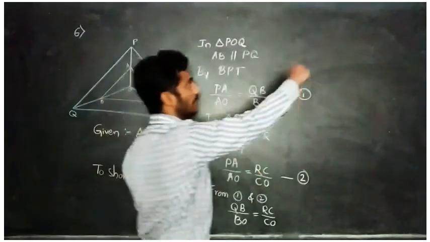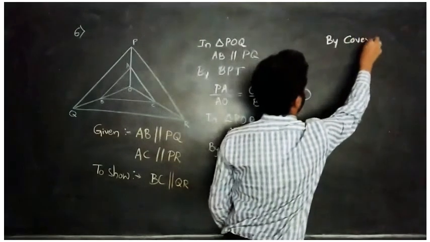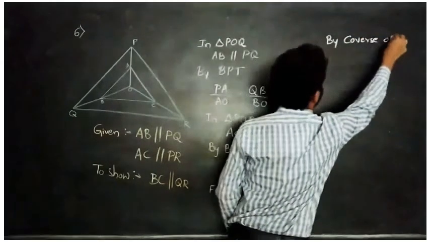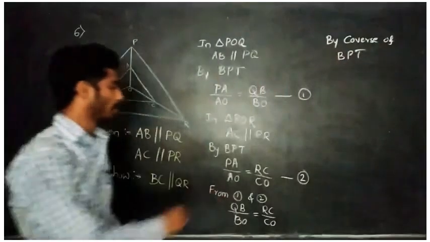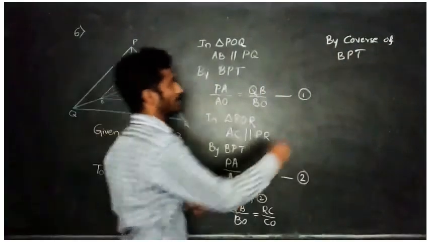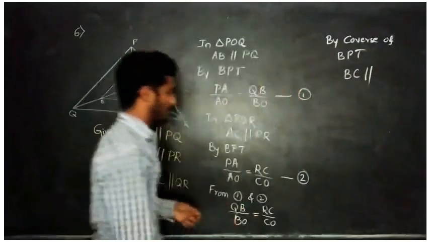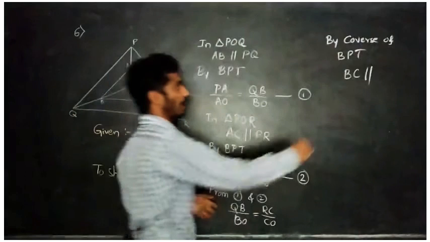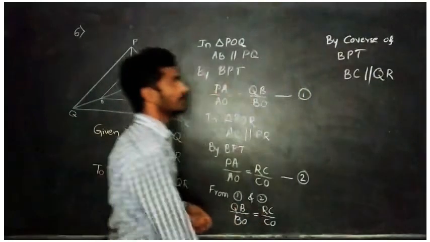So write it by converse of BPT, we will get BC is parallel to QR.